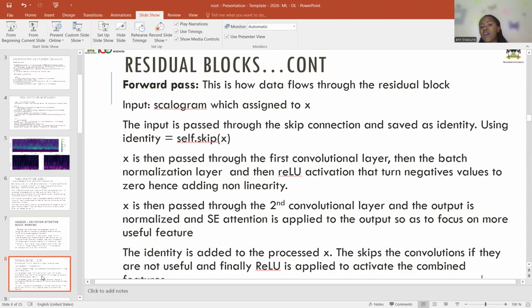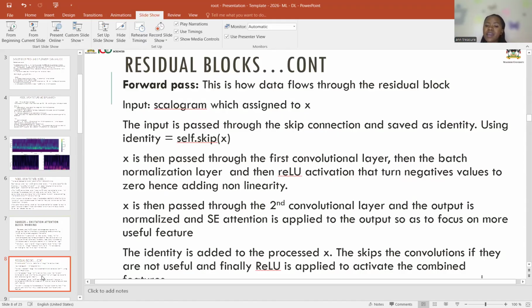So next is a forward pass. This is how the data flows in the residual block. You have the input, which is a scalogram. It is passed through the skip connection, and first the input is saved as an identity, and then it is passed through the convolutional layers. It's then normalized, and then attention is applied to it in order to focus on more useful features. Then at the end, the saved identity is added to the processed data.